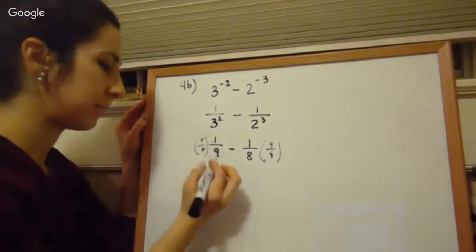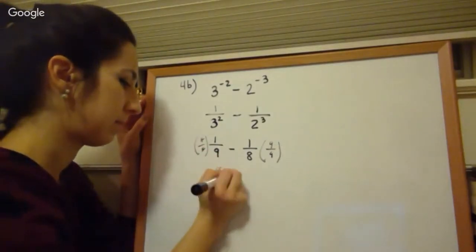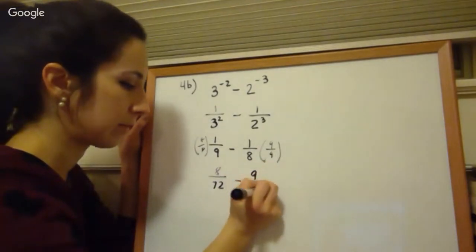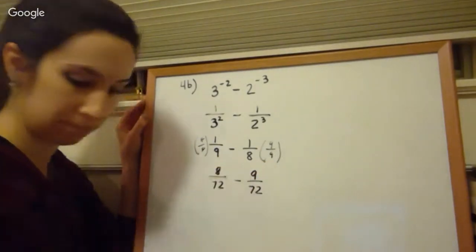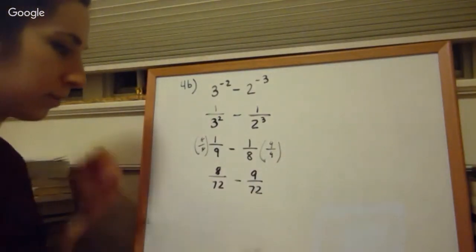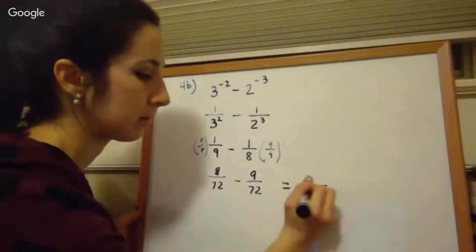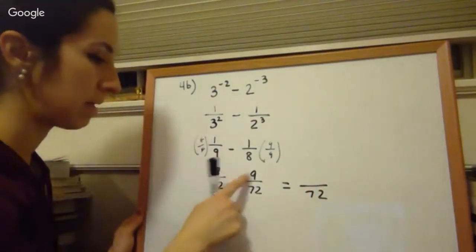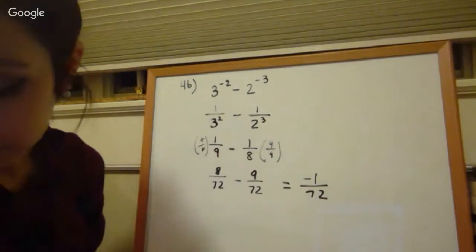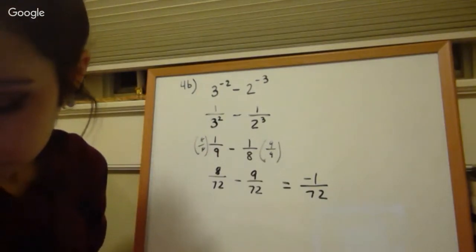So we have 8 times 1 is 8 over 72, and then 9/72. Okay. So again, common denominator, we leave that down here. 8 minus 9 is -1, and that's our answer.